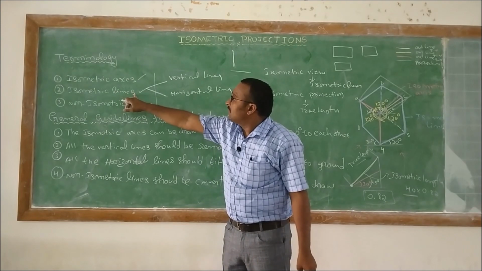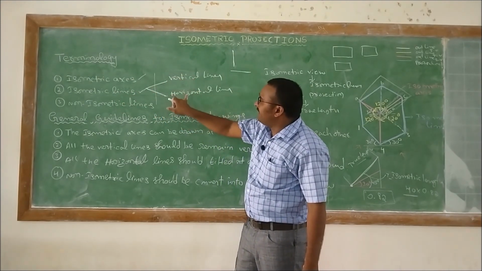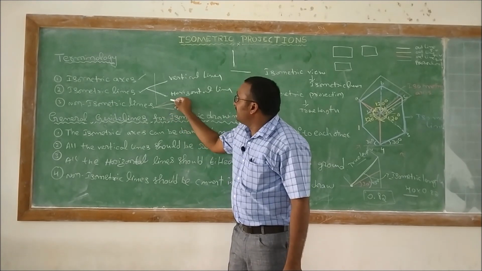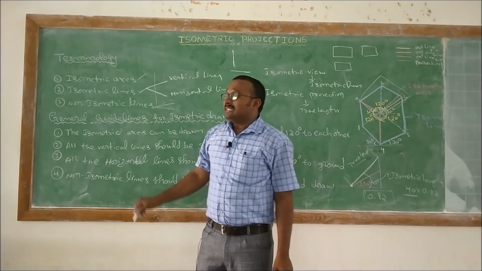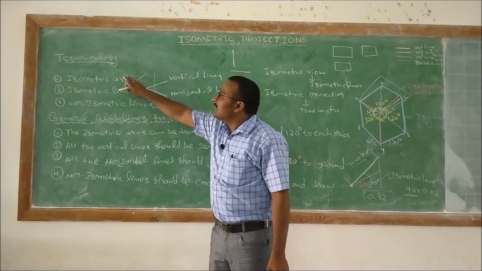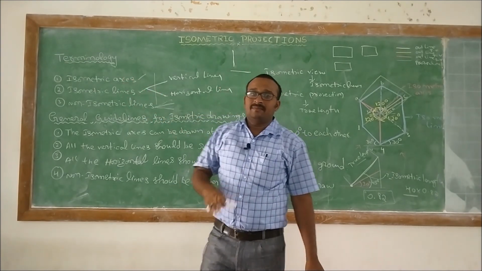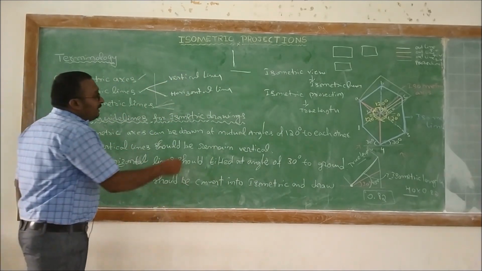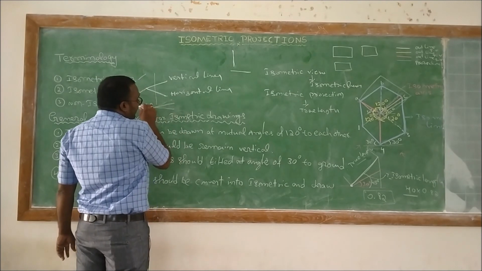So the lines are vertical lines and horizontal lines. And coming to the non-isometric lines, non-isometric lines are lines that are not parallel to the isometric axes. Here it is the isometric axis, right?